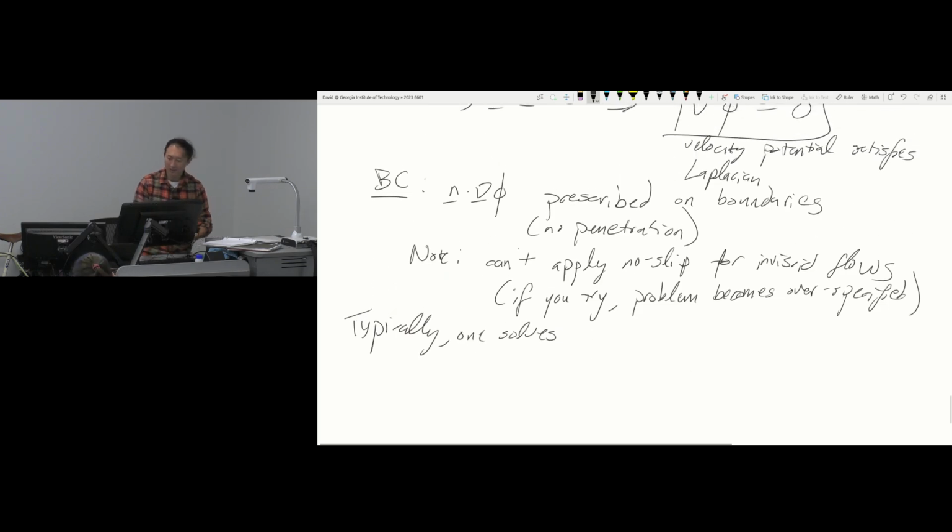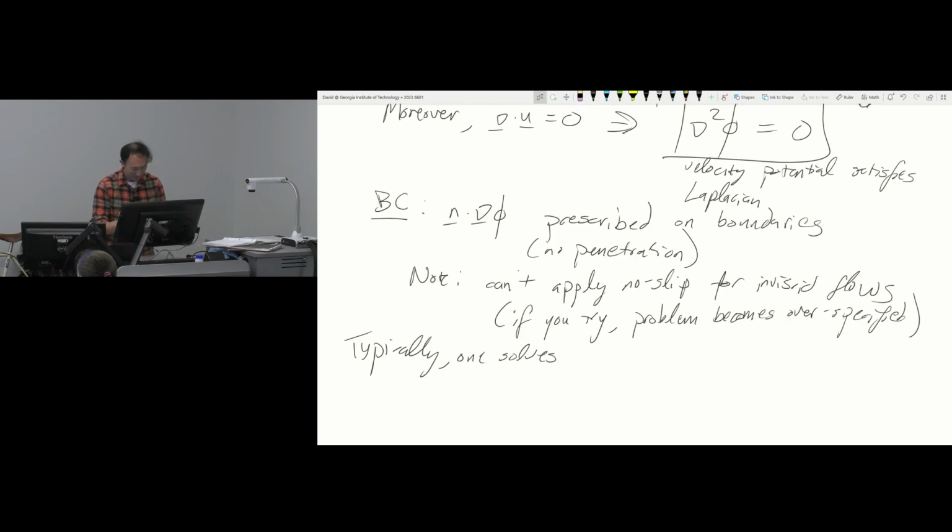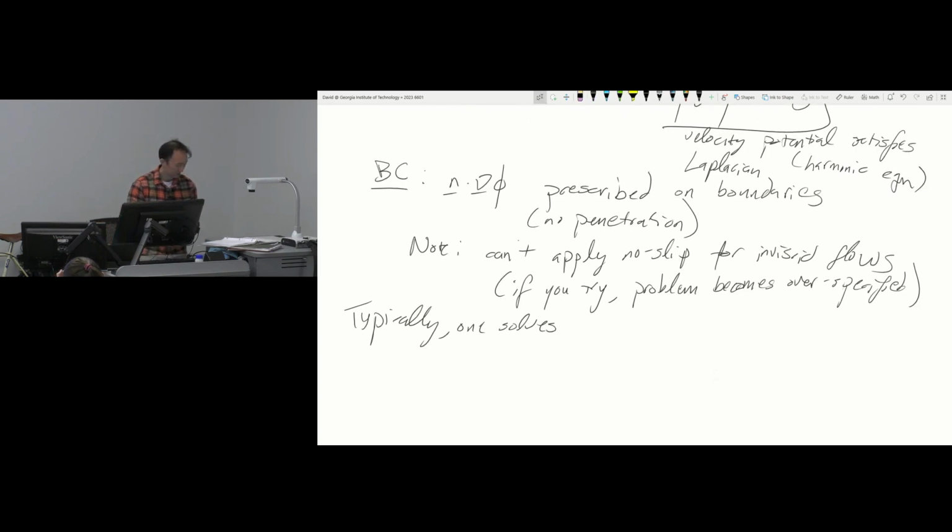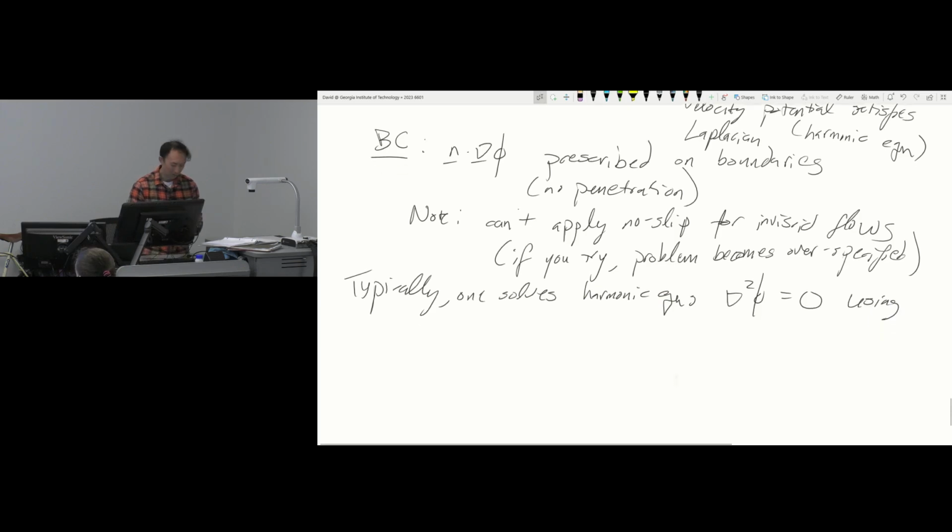So this Laplacian, if you read about it in books, is called a harmonic equation. It has to do with the order of the derivative. So you basically solve harmonic equations using linear means.